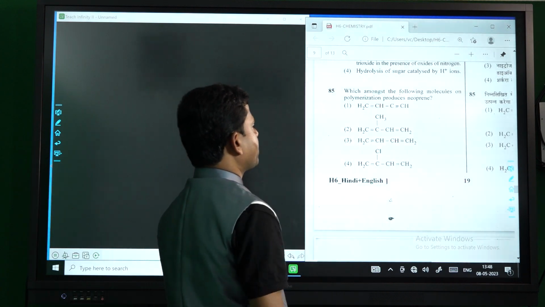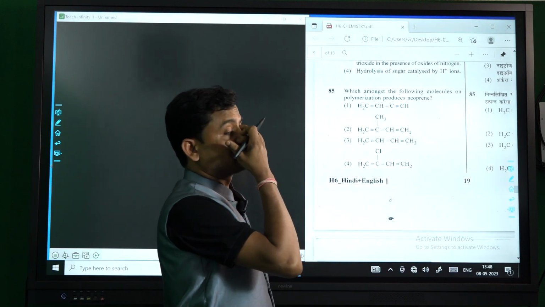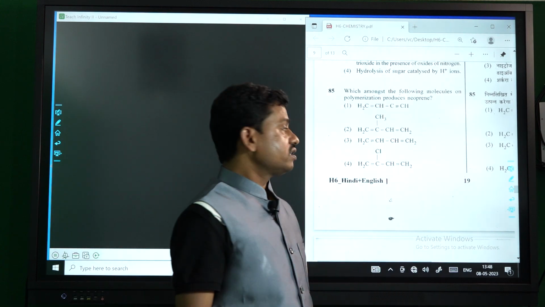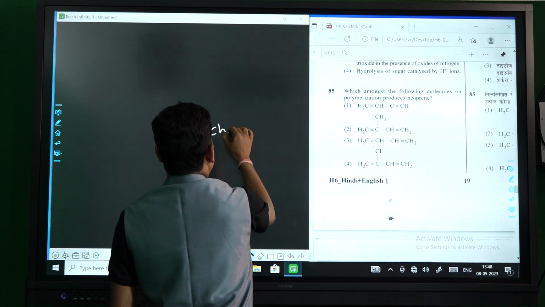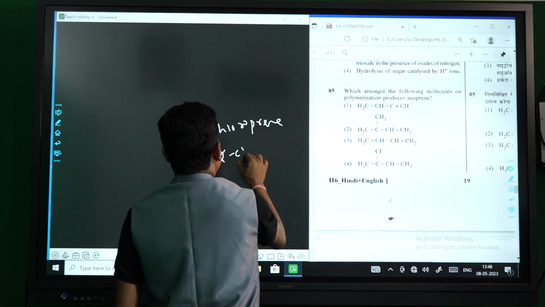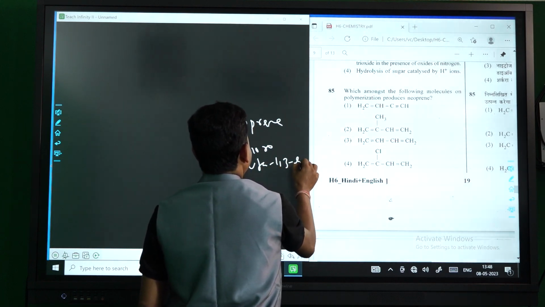Now come to question number 85. Which among the following molecules on polymerization produces neoprene? Dear students, neoprene is the synthetic rubber which has the monomer chloroprene or 2-chloro-buta-1,3-diene.